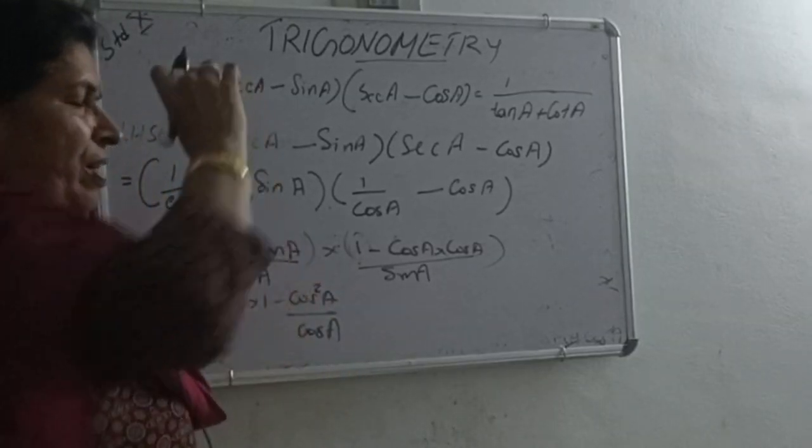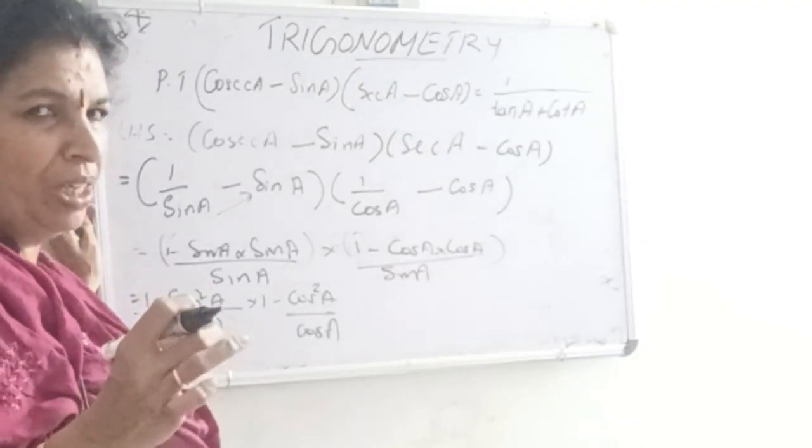For 1 minus sin square A, we have the trigonometric identity sin square A plus cos square A equal to 1.